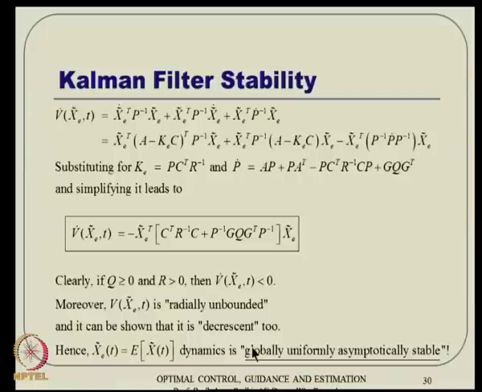This is a very strong result. So, it is asymptotically stable and uniformly asymptotically stable. That means it does not matter when you start, the choice of t naught, and this result is also globally true. So, that is what we are telling: globally uniformly asymptotically stable.